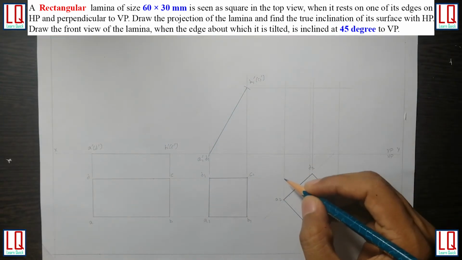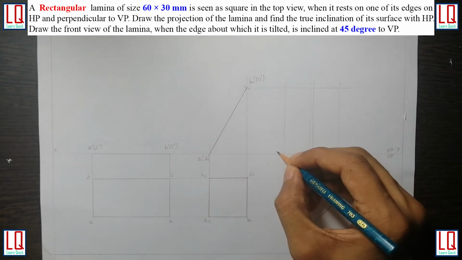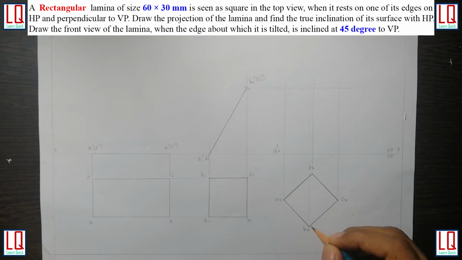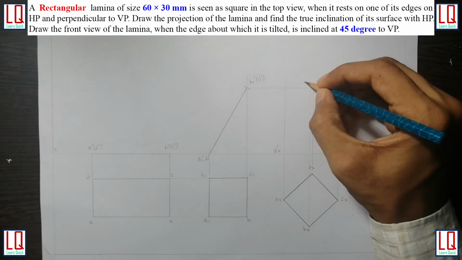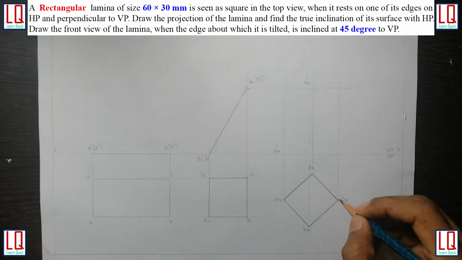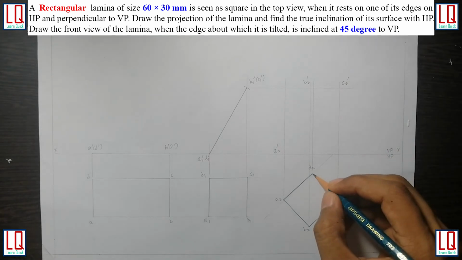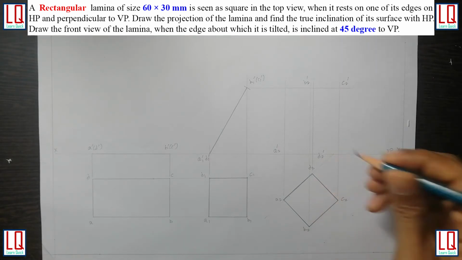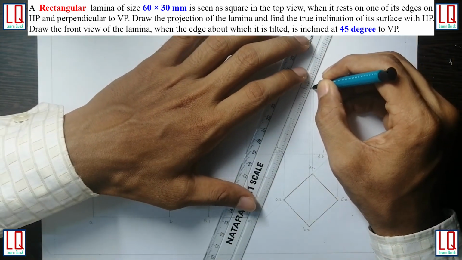Now mark the coinciding points: A2 and A1 dash meet here, it's A2 dash; B2 and B1 dash meet here, B2 dash; C2 and C1 dash meet here, C2 dash; D2 and D1 dash meet here, it's D2 dash. Now I join all the 4 corners to obtain my final front view.